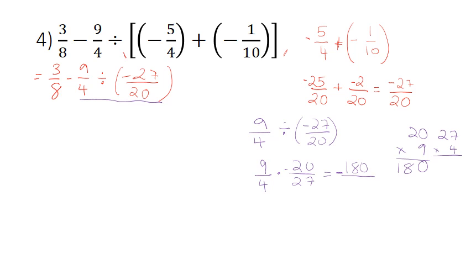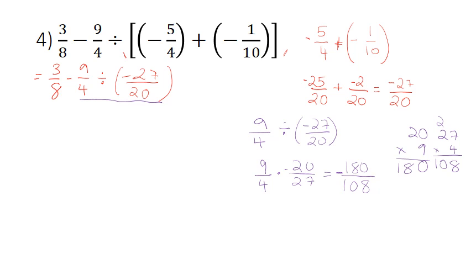Now using estimation, 27 is close to 25, and I know that 25 times 4 is 100, so I think this is going to be about 100. So 4 times 7 is 28, and 4 times 2 is 8, plus 2 is 10. So I get 108, which is close to what I estimated, around 100.